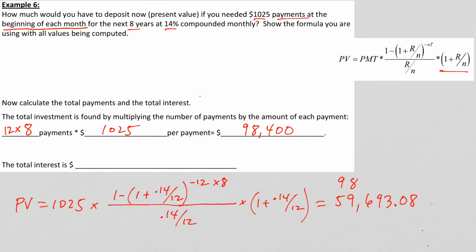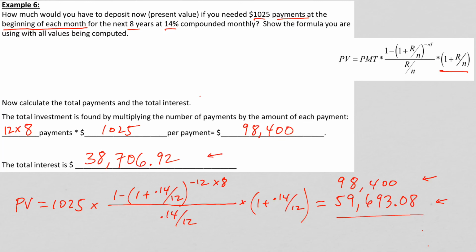So we make in interest the difference between those, a total of $38,706.92. Now, if this were a loan, you'd be looking at it from the other perspective. You'd have borrowed $59,000 originally, and over time you would have to pay back that amount. So this would have been what you got in interest.